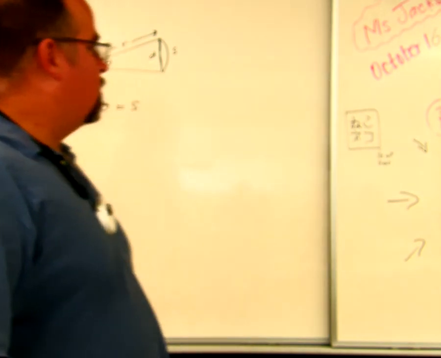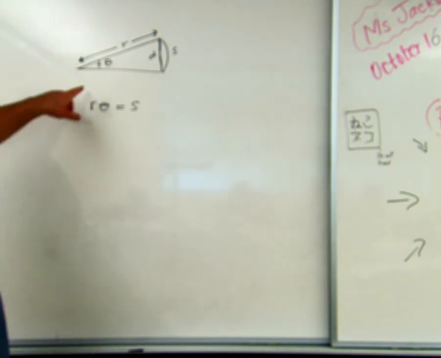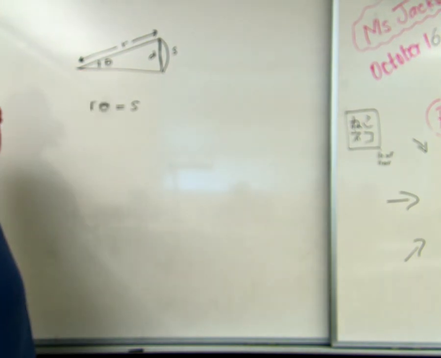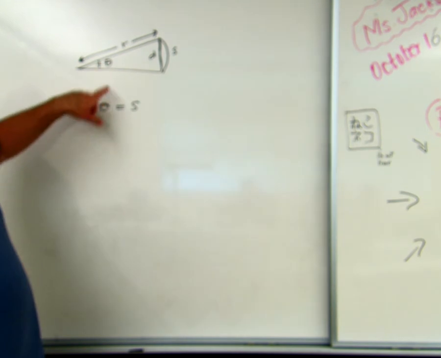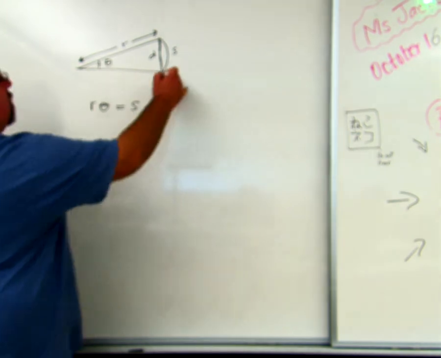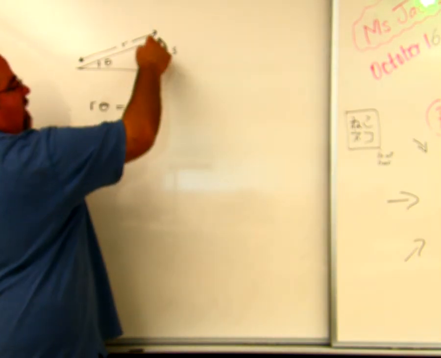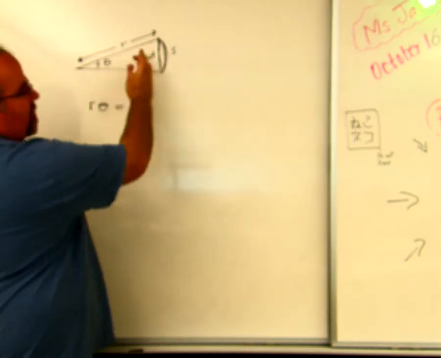I wanted to start out with something: if you have an angle here, that angle times the radius equals this distance here, this arc that this angle subtends. Subtends means underneath this arc.